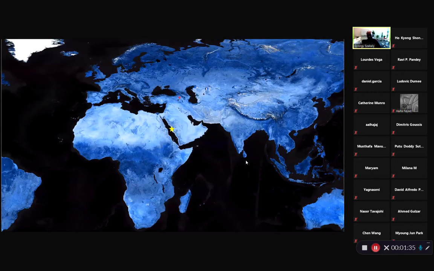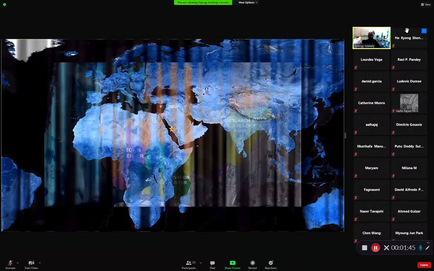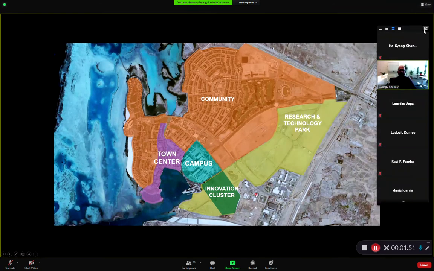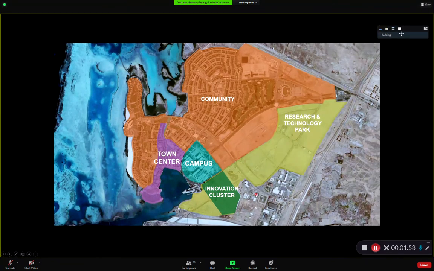Okay, so KAUST is based in Saudi Arabia. We are located on the Red Sea right here, not far from the city of Jeddah. So here you can see KAUST. This is a university town. So we live here, we work here, and we do everything basically within KAUST.